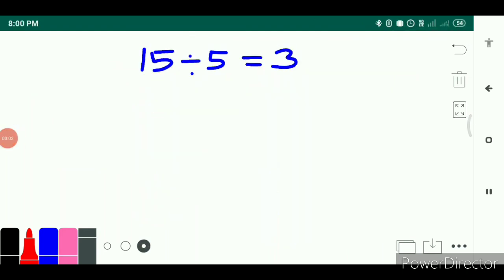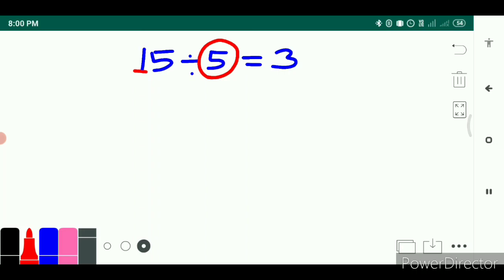Okay students, if I solve this one by using tables, if I divide 15 by 5 by using tables, how can I do it? I have to see the multiplication table of 5.